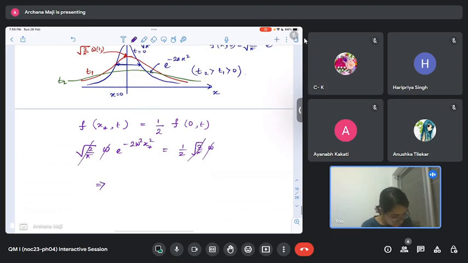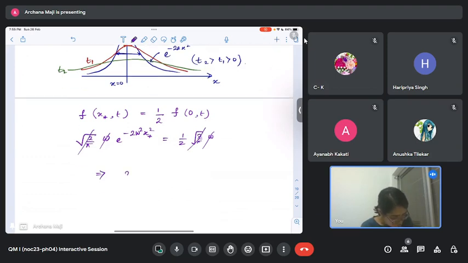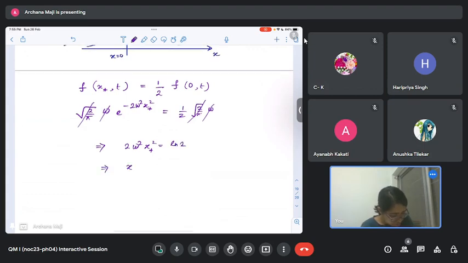So what do we get for x star? It's 2 omega square x star square is ln2, or x star square is ln2 divided by 2 omega square, or x star is plus minus 1 over omega square root ln2 over 2.